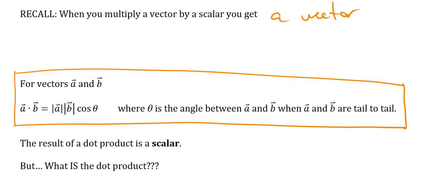So the dot product between two vectors is just the magnitude of A times the magnitude of B times the cosine of theta, where theta is the angle between A and B when A and B are tail to tail, not tip to tail, tail to tail.